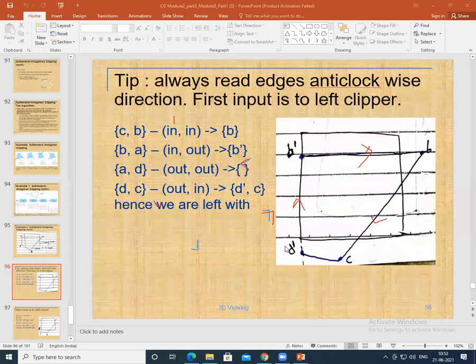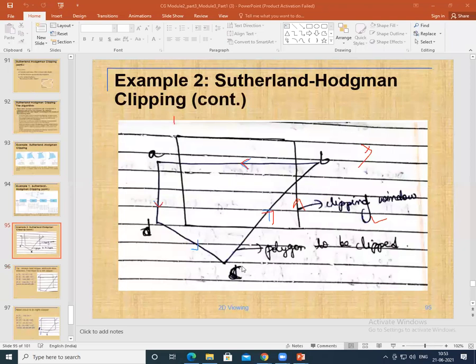So what is CB to the left clipper? Try to understand. This is the left clipper. The borders of the triangle have been enlarged. To the left clipper, what is CB? It is inside. Both the vertex C is inside, B is inside.